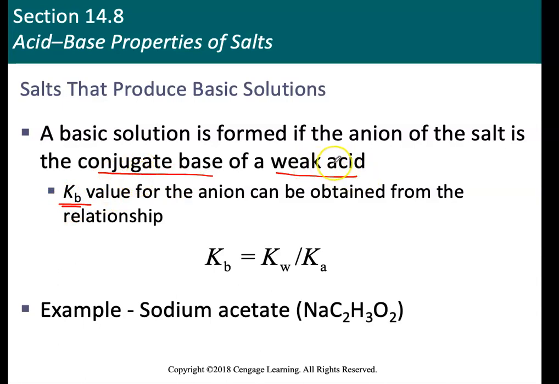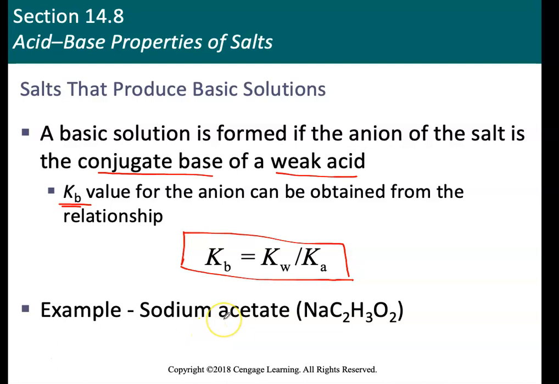So although you have a weak acid to begin with, because of the relatively strong conjugate base, you're going to work with the Kb. So this relationship here is going to be really, really important. Meaning that we may be dealing with the weak acid, but in the formation of the salt, we are going to revert to find the base.